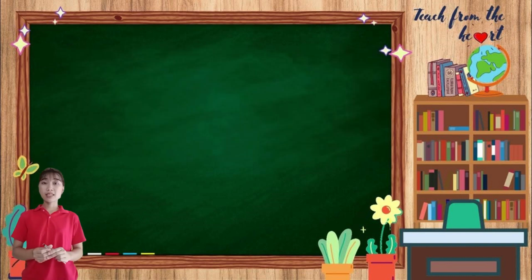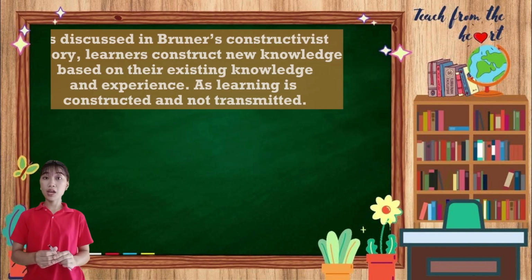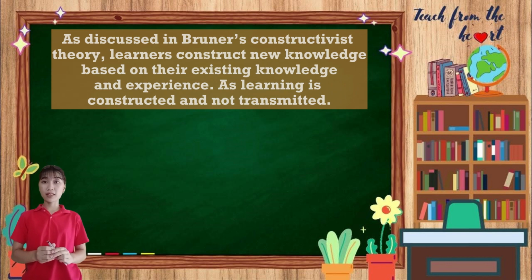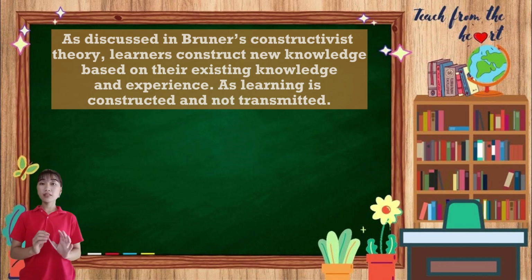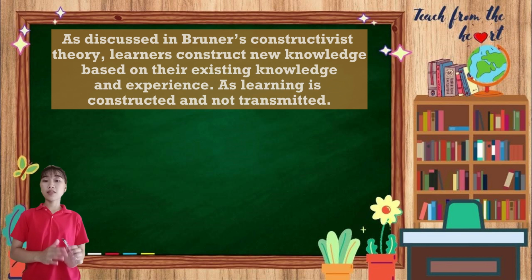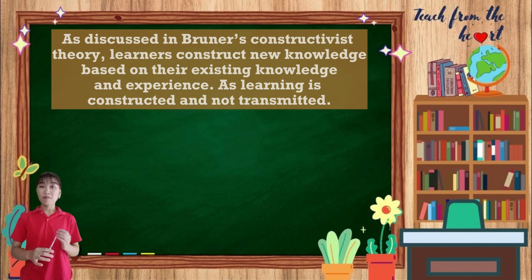Now, as discussed in Bruner's constructivist theory, I know you know Bruner, right? He's popular. In his theory, he discussed that learners construct knowledge based on their existing knowledge and experience. Meaning, learning is constructed and not transmitted.